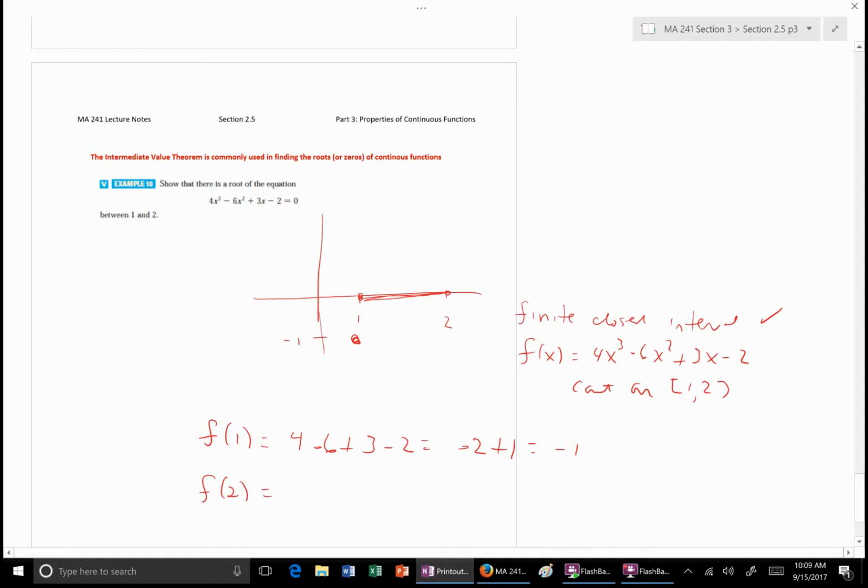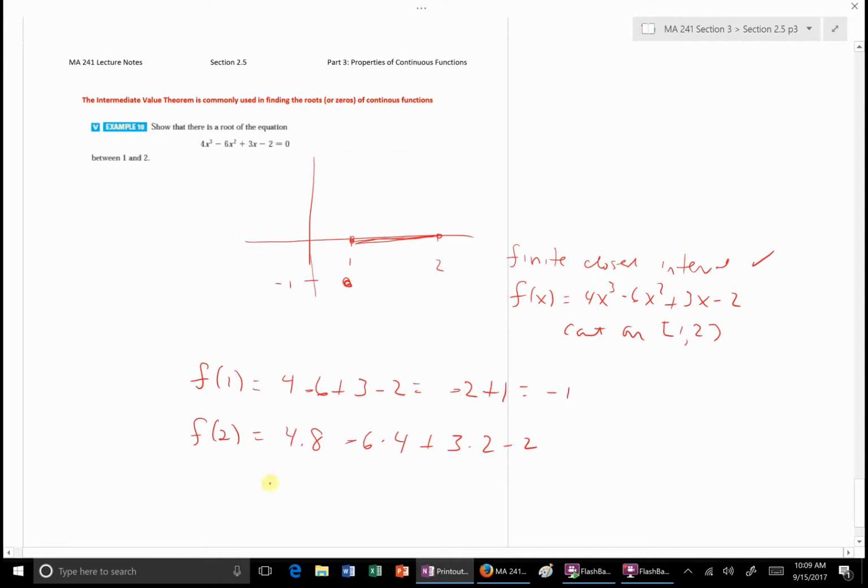It's 4 times 2 cubed, which is 8, minus 6 times 2 squared, which is 4, plus 3 times 2 minus 2. Simplify that: 32 minus 24, plus 6, minus 2, which is 12.